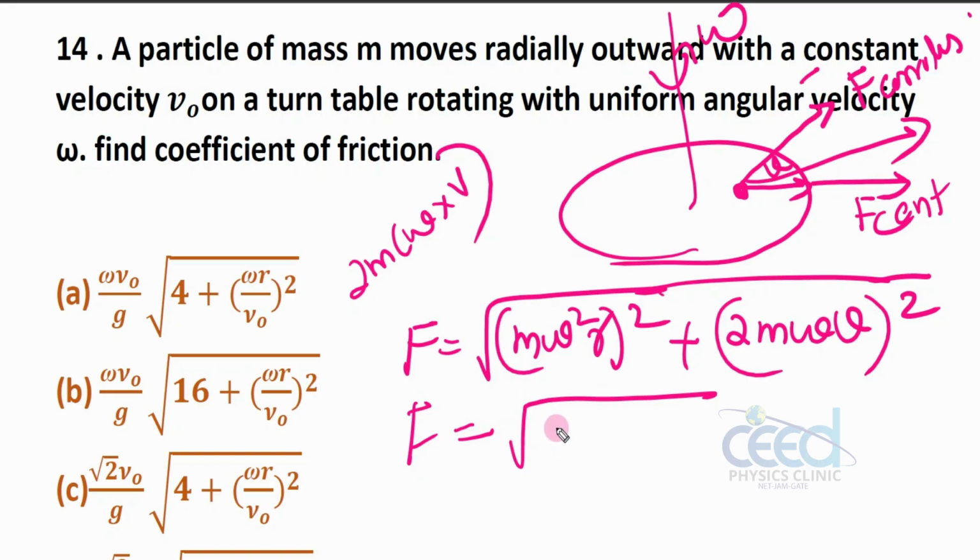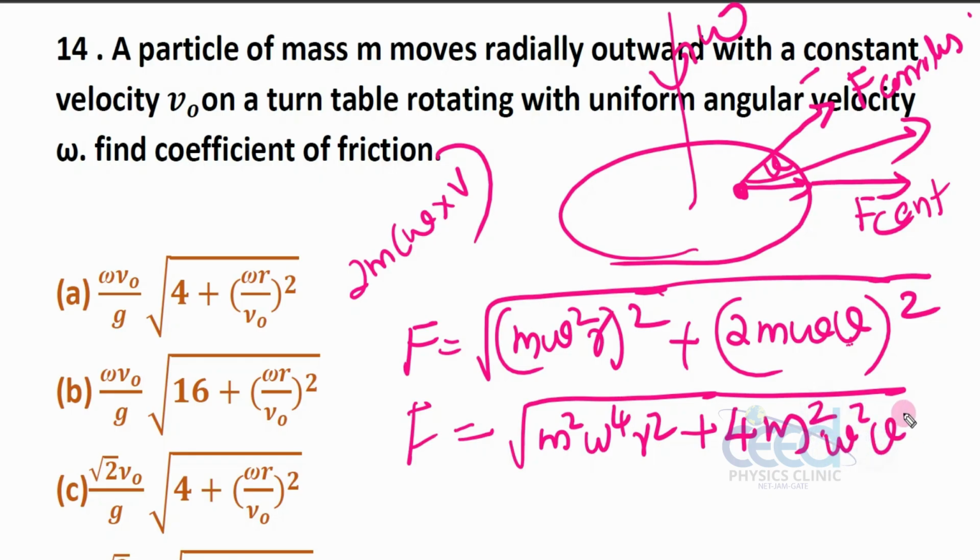Then m square omega raised to 4 r square plus 4 m square omega square v square.